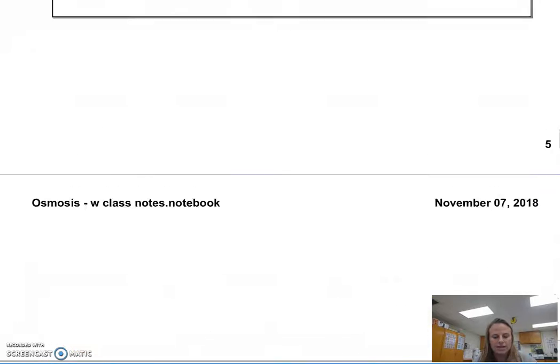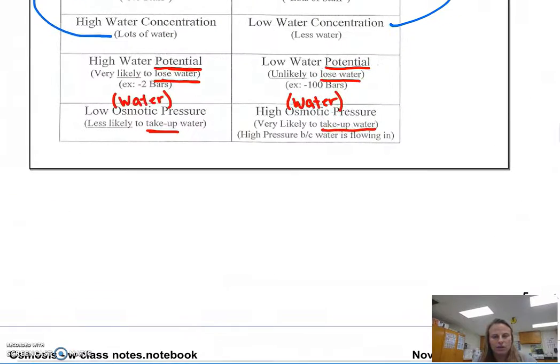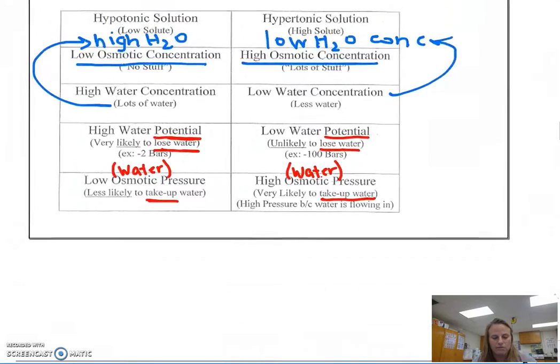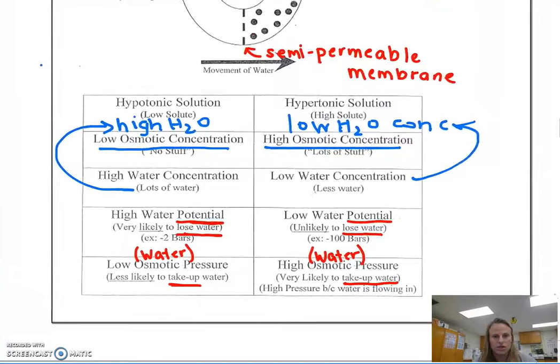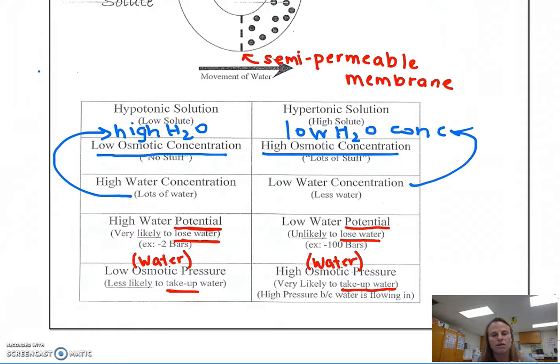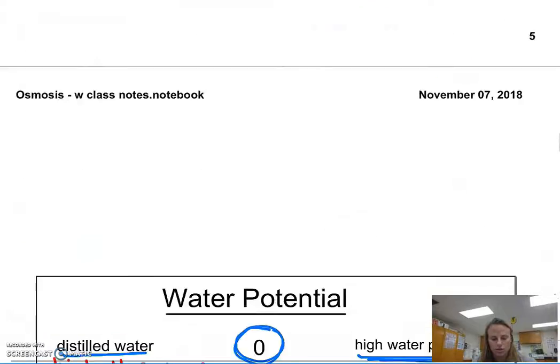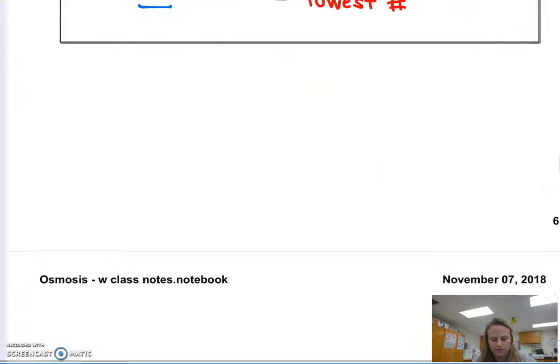And lastly, another vocabulary word that can be used to describe osmotic situations is osmotic pressure. Low osmotic pressure refers to a hypotonic solution, and high osmotic pressure refers to a hypertonic solution. In other words, the hypertonic solution is very likely to take up water, so it's going to have a lot of pressure because water is flowing in.